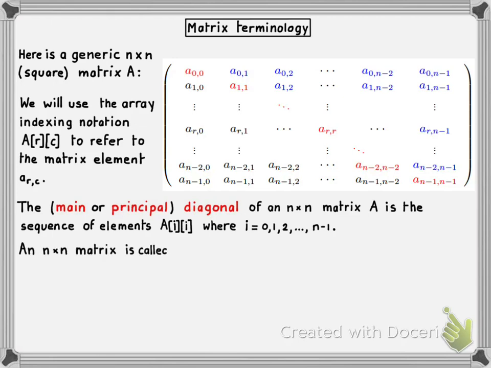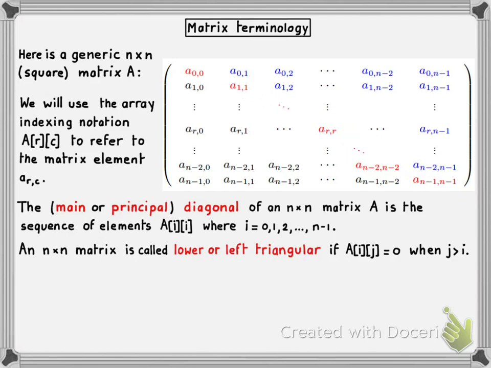Now, if you have a matrix where all of these blue elements are equal to 0, then this matrix is called a left triangular matrix or lower triangular matrix. The reason for this name is that if all the blue elements are 0, then the elements that matter in the matrix are all of these black and red ones, which form a triangle in the bottom left of the matrix.